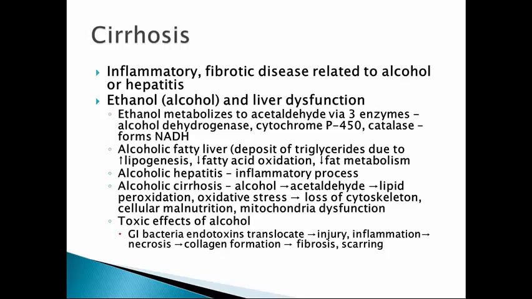They begin to move outside of the GI tract. Within the liver, this causes injury and inflammation. This injury and inflammation causes necrosis and collagen formation, leading to additional fibrosis and scarring. So I guess, if nothing else, we could say alcohol, bad on liver.